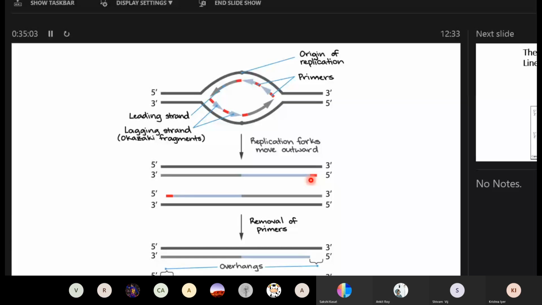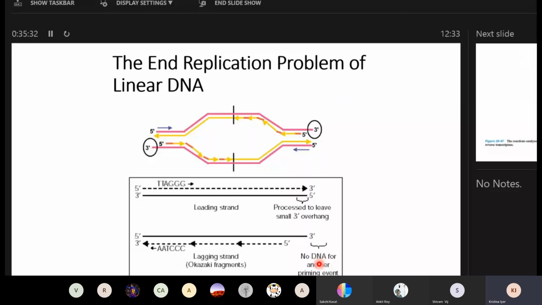And that is why I end up getting a piece of DNA which is shorter, because that primer has not been filled; there is nothing to polymerize the DNA on. My DNA polymerase is this unique fellow. It needs not only a template, but also a 3' OH. I have the template here, but I don't have a 3' OH to add to. And that's why I am unable to replicate the end.